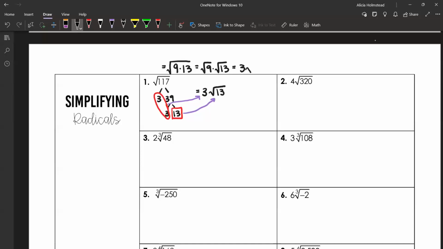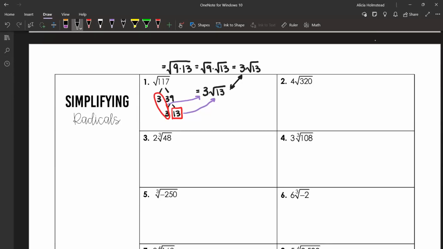That's just 3. And that just so happens to be the exact same thing that we got there. So essentially what we're doing when we're circling groups is looking for the factors that are perfect squares that can be simplified into a number, and that's what the groups represent: the things that are perfect squares.